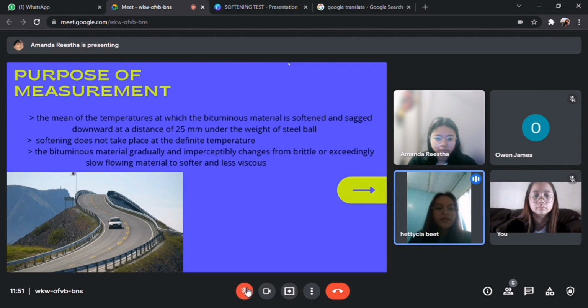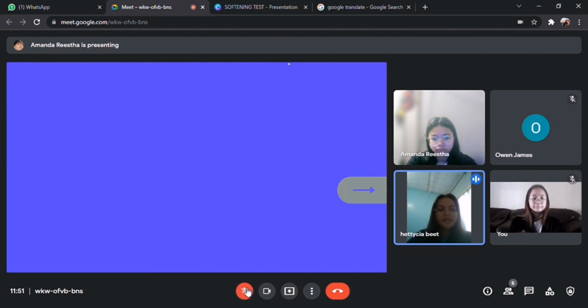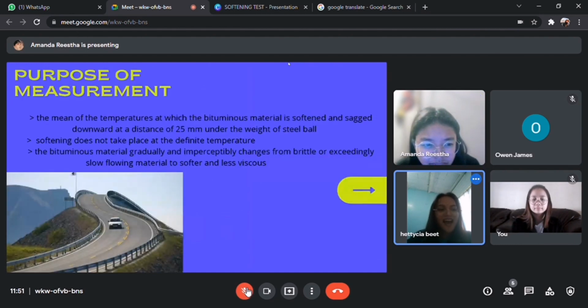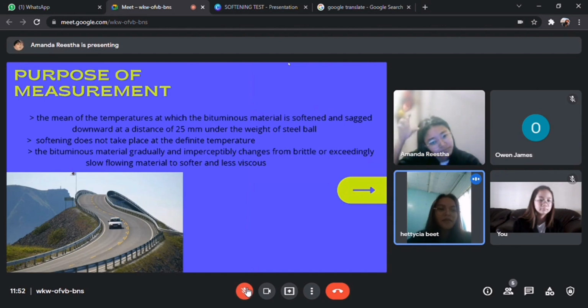As the temperature rises, the bituminous materials gradually and imperceptibly change from brittle or exceedingly slow-flowing materials to softer and less viscous ones. For this reason, a fixed, arbitrary and closely defined method is needed so that the results are comparable.